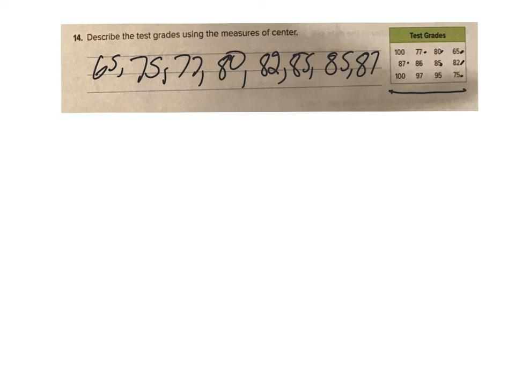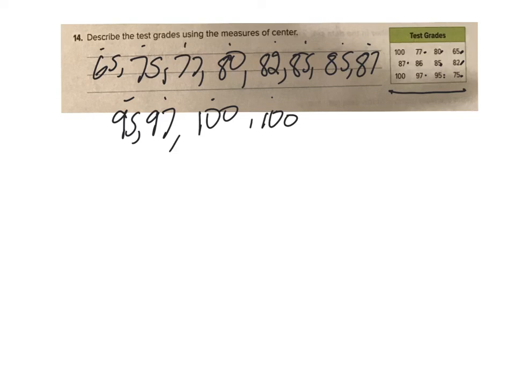Then let's go to 90s. I see a 95 and a 97. So we get those two. Then 100, and there's 2 of them. So we do 100 and 100. Now let's make sure we have 12. 1, 2, 3, 4, 5, 6, 7, 8, 9, 10, 11, 12. Yep, okay. Now we can do all our figuring.